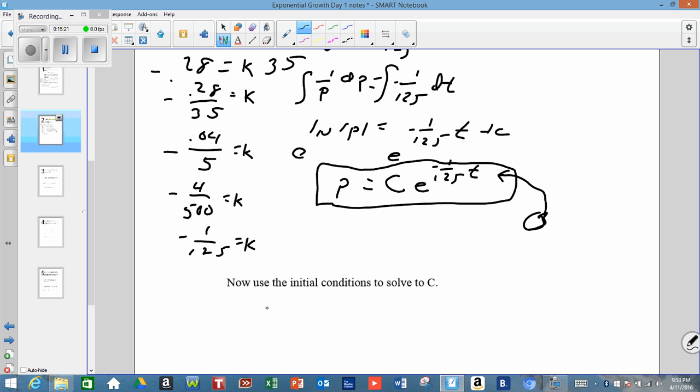What you guys need to know is that c is the initial condition.